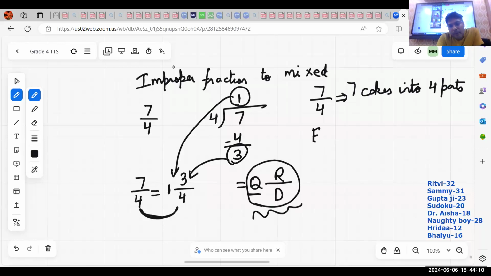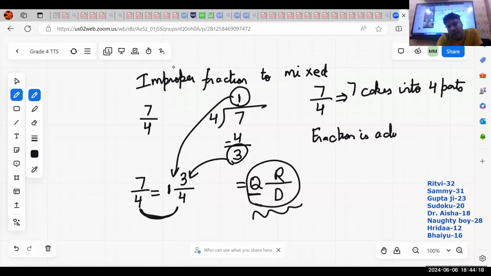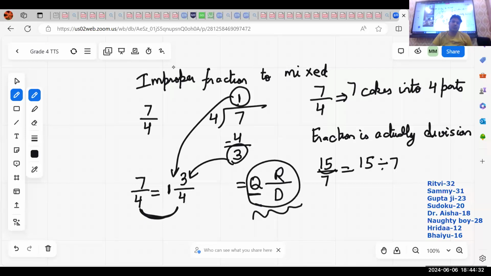Quotient, remainder, and divisor. Fraction is actually what? Division. 15/7 है, means 15 divided by 7. Do we know that? Yes or no? Yes, sir.